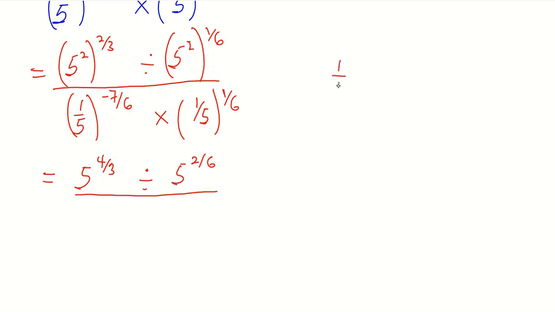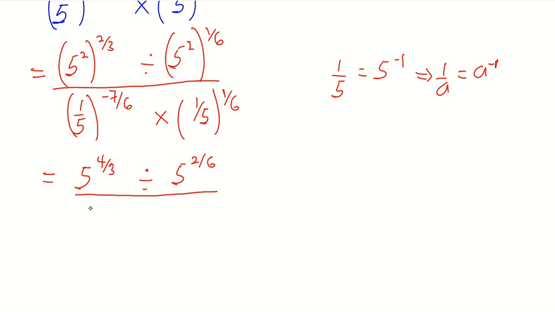1 out of 5 can be written as 5 exponent negative 1. That is from the properties of indices: we said if we have 1 out of e, then it can be written as e exponent negative 1. So we can implement that in our solution.